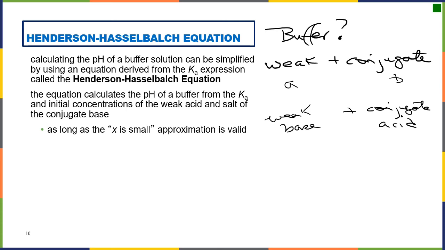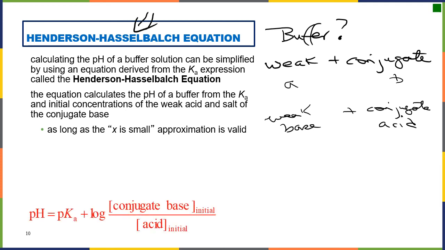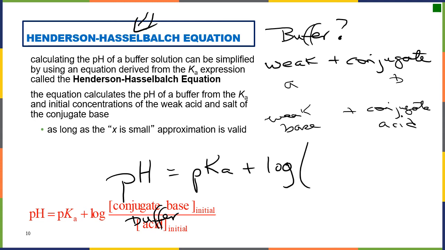So we have an equation for this. You can take a look at it in the textbook for the derivation, but our equation is called the Henderson-Hasselbalch, and it states that the pH of a buffer system is equal to pKa plus the base 10 log of the concentration of the base over the acid.